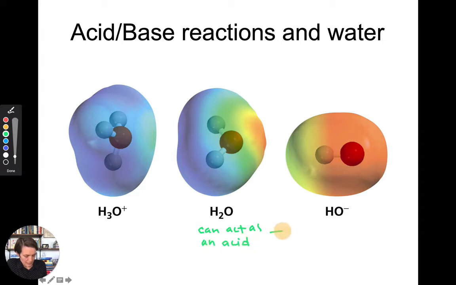And when it acts as an acid, it is going to lose a hydrogen and become hydroxide. So the way that we will define acids and bases in this class, there are a few definitions for acids and bases. In this class, we're going to talk about them on the Bronsted-Lowry definition.